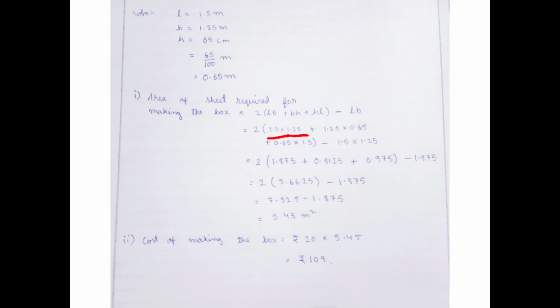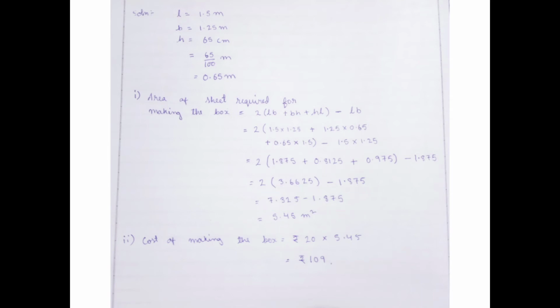Now if you add what is inside the bracket, all these three numbers, you will get 3.6625. Again, the next step, you multiply 3.6625 with 2. If you multiply these two numbers, you will get 7.325, minus 1.875 as it is.